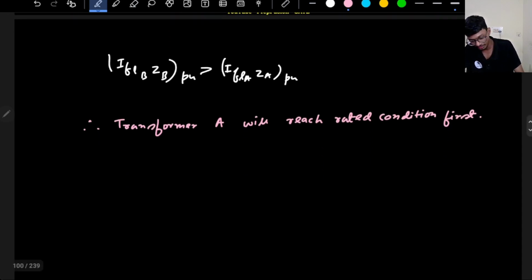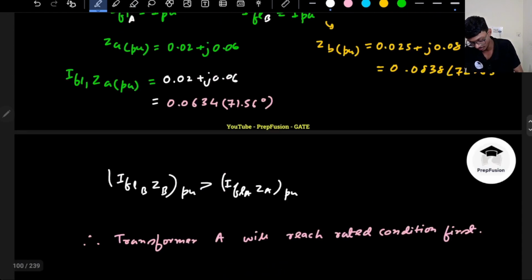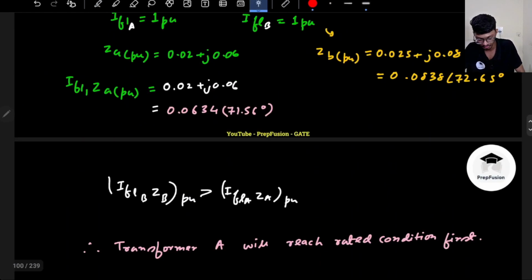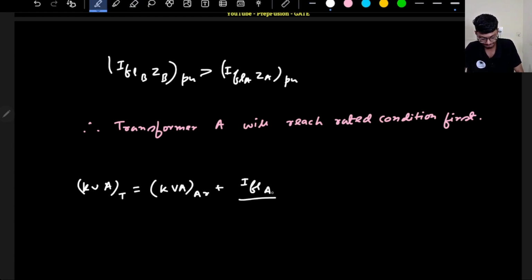Okay, so if transformer A reaches the rated condition, what will be the overall, because they have asked how much maximum kVA can I transfer. So kVA total will be equal to the kVA of the transformer A at the rated condition plus IFLA divided by IFLB into ZA upon ZB, right?